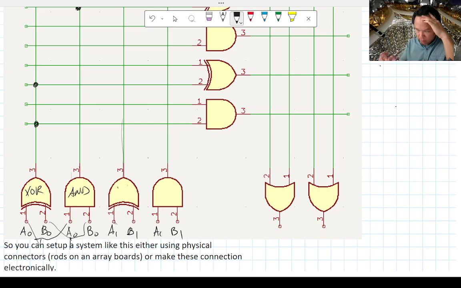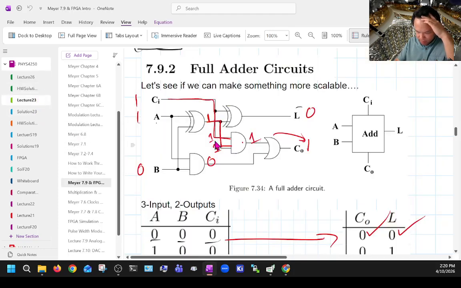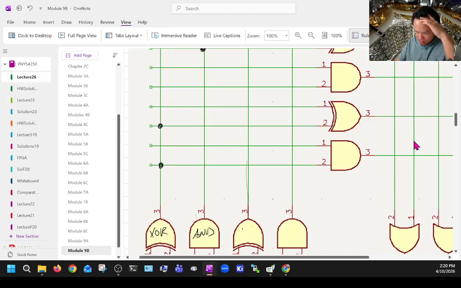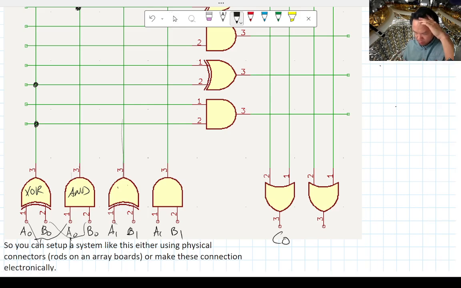Oh, I should have that diagram in front of me. That would be useful. Let's see. Let's go back to the diagram. Now you know the process. Okay. So that's carry out 0. Okay, with an OR. Okay. So this is actually going to be carry out 0.